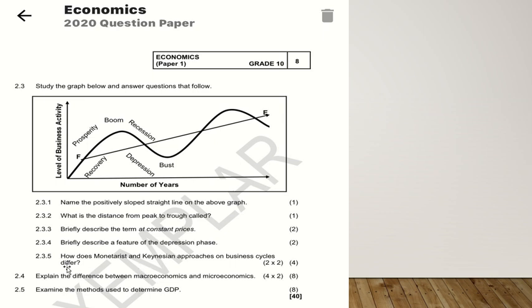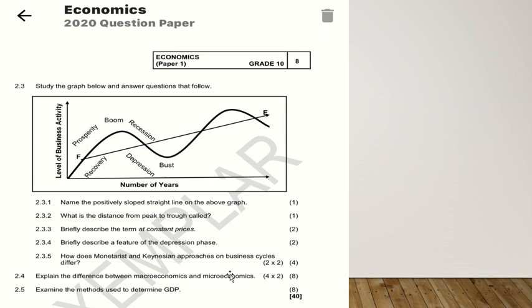So next question, how do monetarist and Keynesian approaches on business cycles differ? We know that monetarists are the group that does not advocate for government intervention, and Keynesians advocate for government intervention.